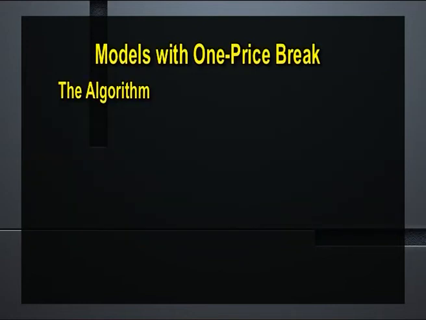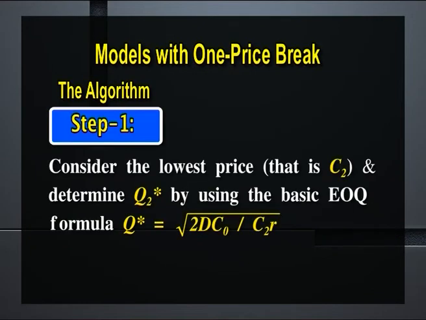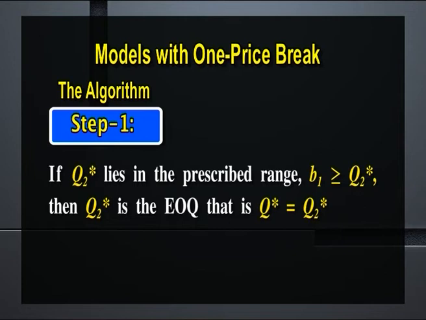The algorithm. Step 1. Consider the lowest price, that is C2, and determine Q2 star by using the basic EOQ formula. Q star is equal to square root of 2DC0 by C2 into R. If Q2 star lies in the prescribed range, B1 ≤ Q2 star, then Q2 star is the EOQ, that is Q star is equal to Q2 star.